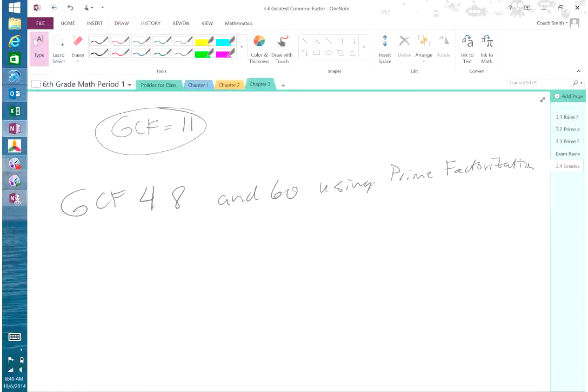Then you write the prime factorizations out of each number, and you find those prime factors that are shared between the two numbers, that are common between the two numbers. If there are multiple pairs in common, then you multiply them together. When you think you have the answer, go ahead and raise your hand.